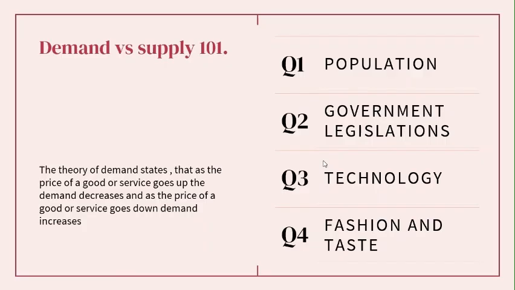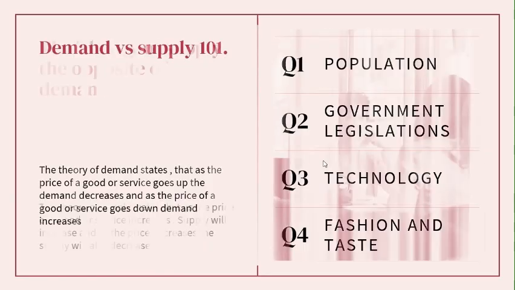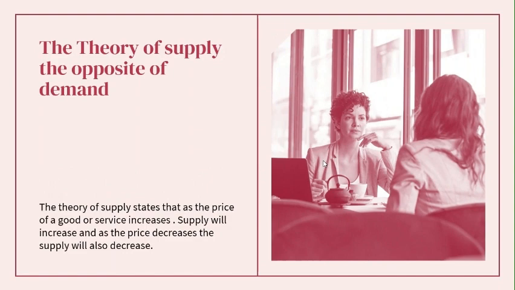When we think of technology, technology is one of the major contributors to demand, right? And we'll talk about that later. But the three main things that I would think affect demand are population, government legislation, and fashion and taste.